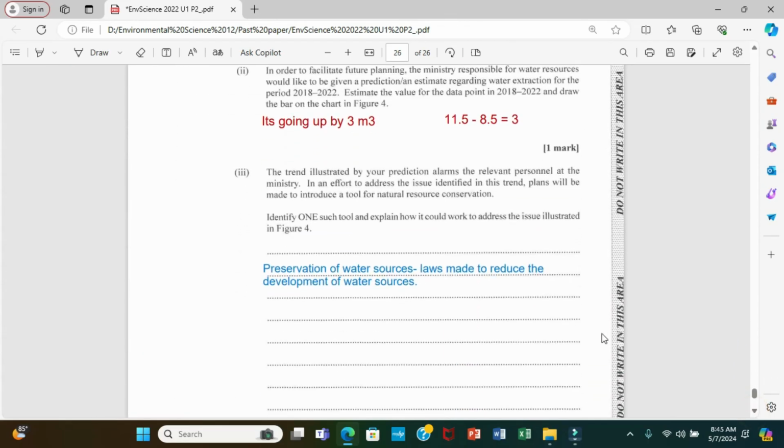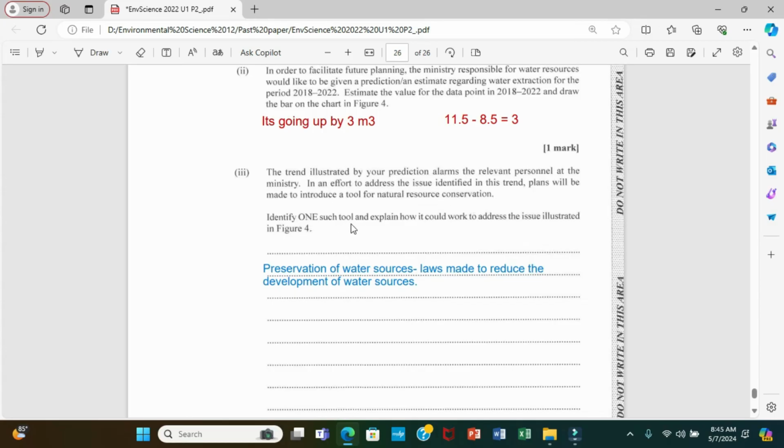All right, the next part of the question says, the trend illustrated by your prediction alarms the relevant personnel at the ministry. In an effort to address the issue identified in this trend, plans will be made to introduce a tool for natural resource conservation.